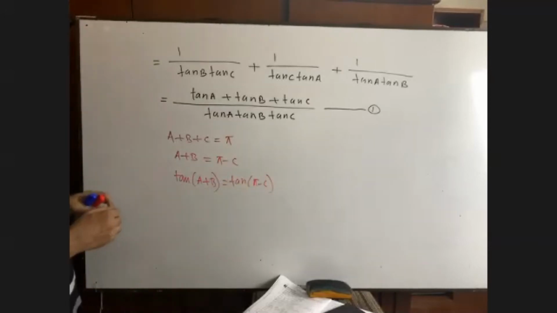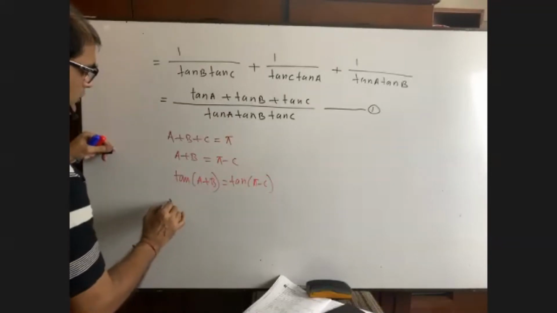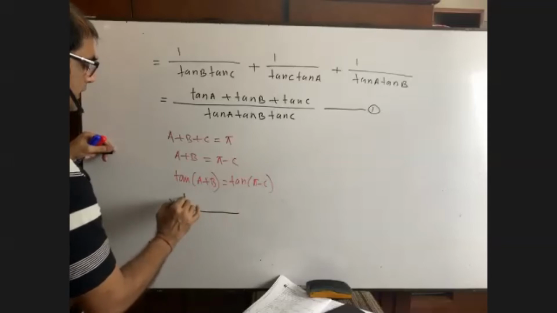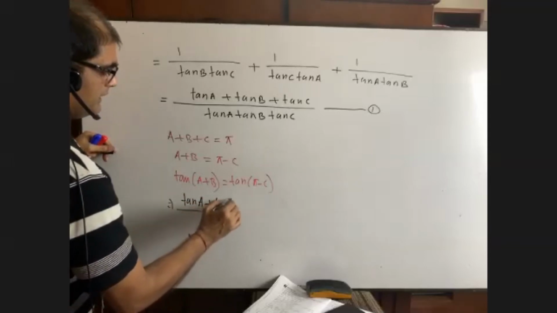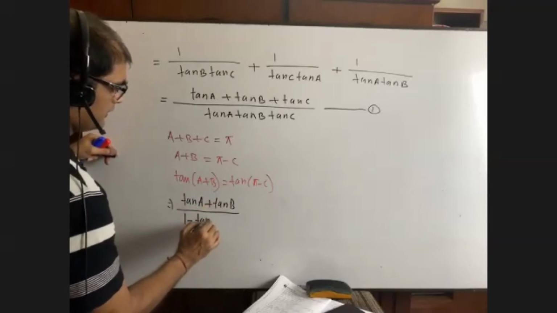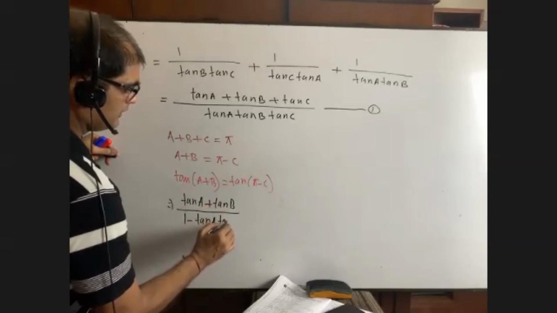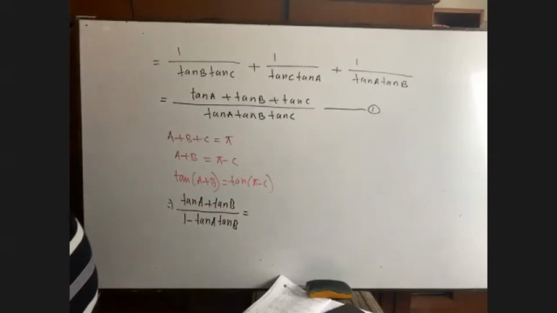Now, can you please tell me what is the left hand side formula? Tan A plus tan B by 1 minus tan A tan B is equal to what? Minus tan C, right?